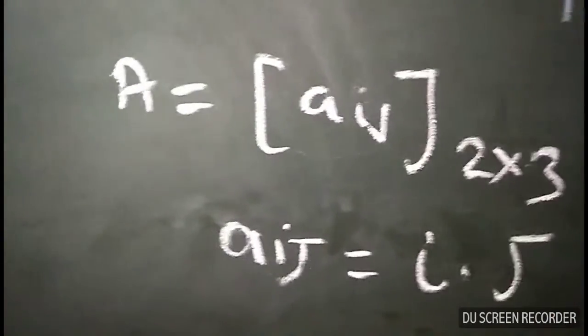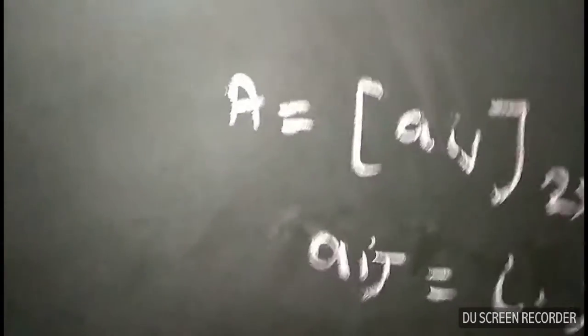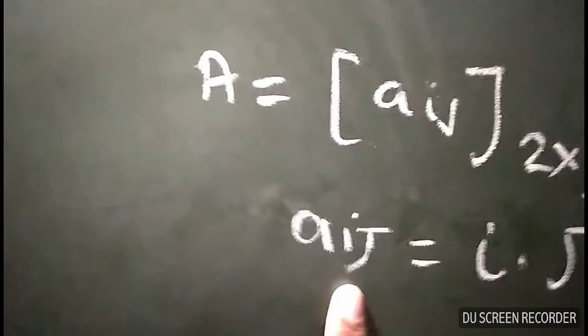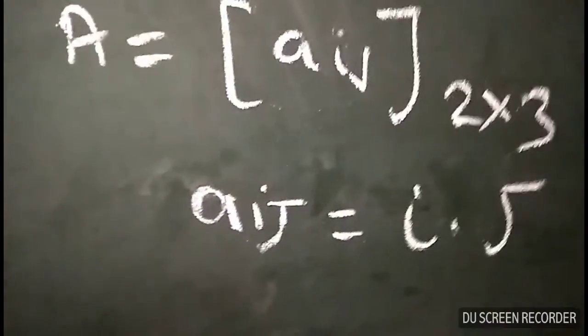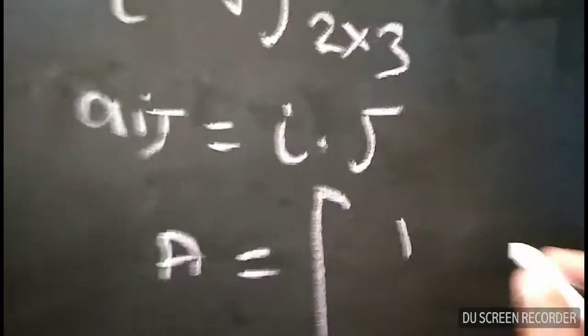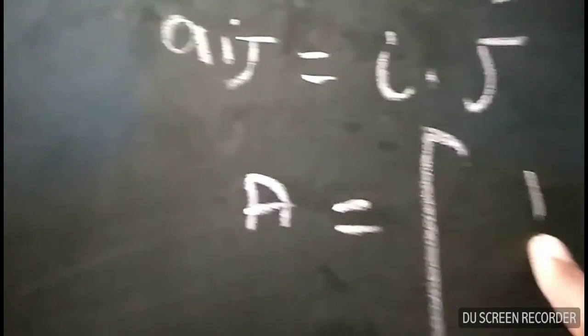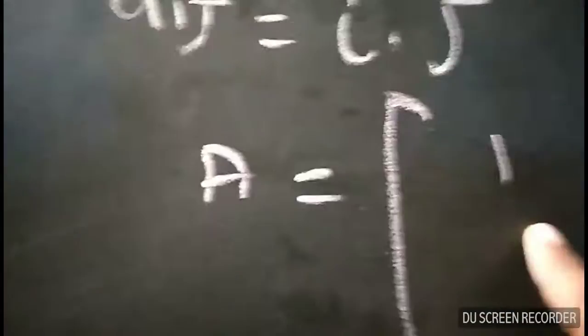Then we write the matrix in rectangular form. By definition A of ij equal to i dot j, for 1 1, that is i and j equal to 1, then 1 into 1 equal to 1.